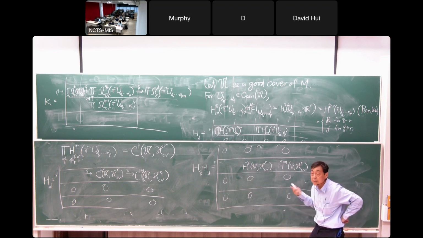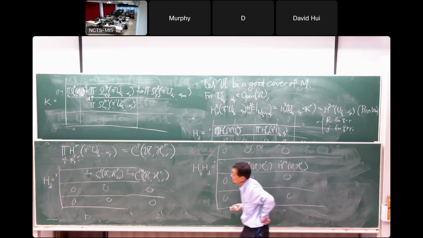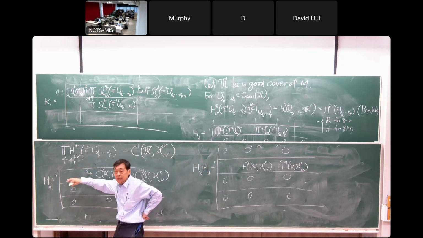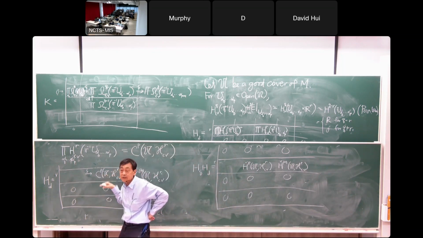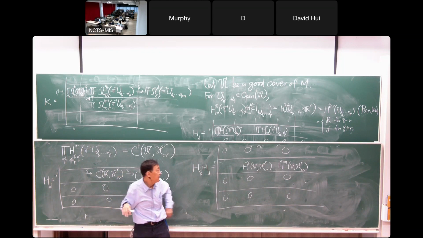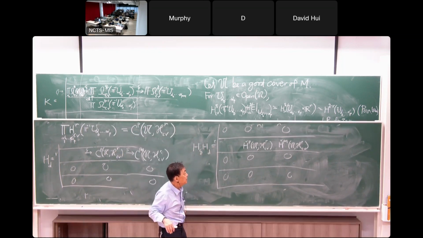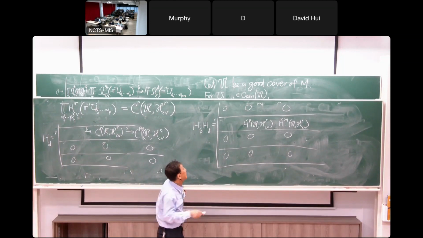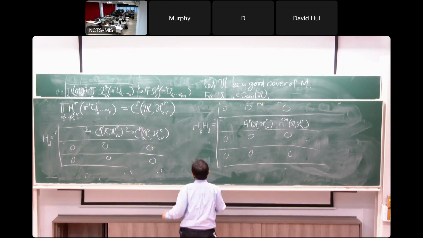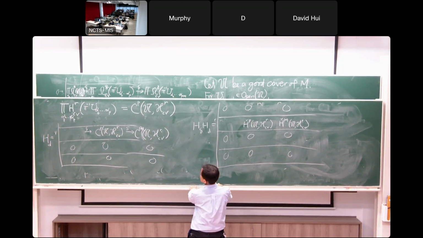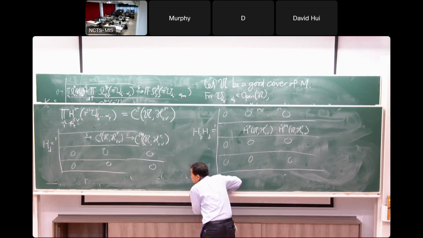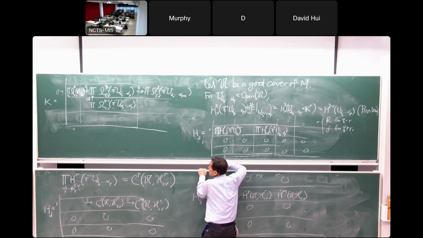Now, we have a tic-tac-toe lemma that says that if H_D has a single non-zero row, then H delta H_D is isomorphic to what? So let me see, where do I write that? Yeah, so let me write it here.